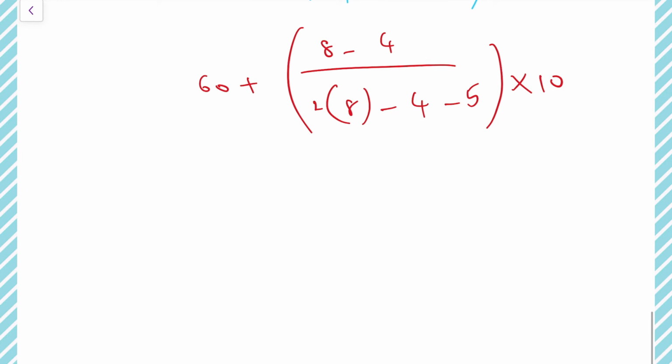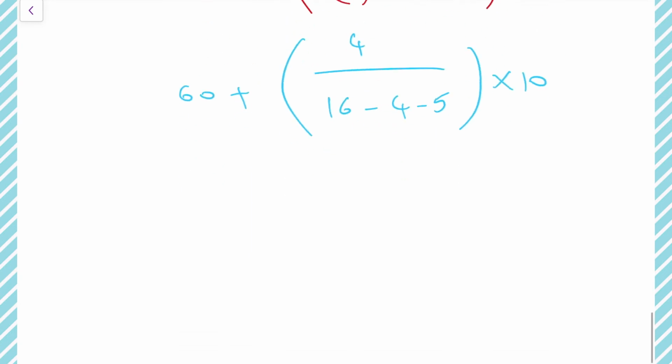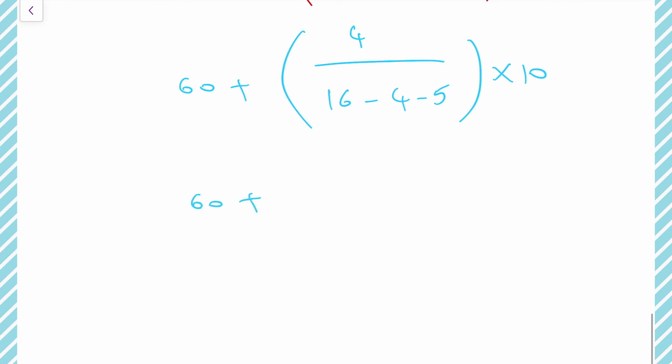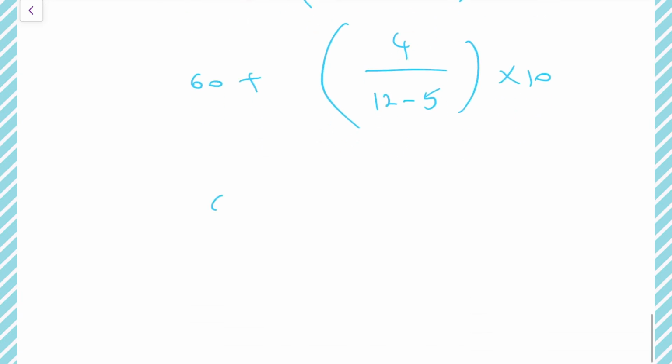Now let us simplify this further. 60 as it is plus 8 minus 4 divided by 2 into 8 is 16 minus 4 minus 5 into 10 as it is. 60 plus 4 by 16 minus 4 is 12 minus 5 into 10 as it is. 60 plus 4 by 12 minus 5 is 7 into 10.